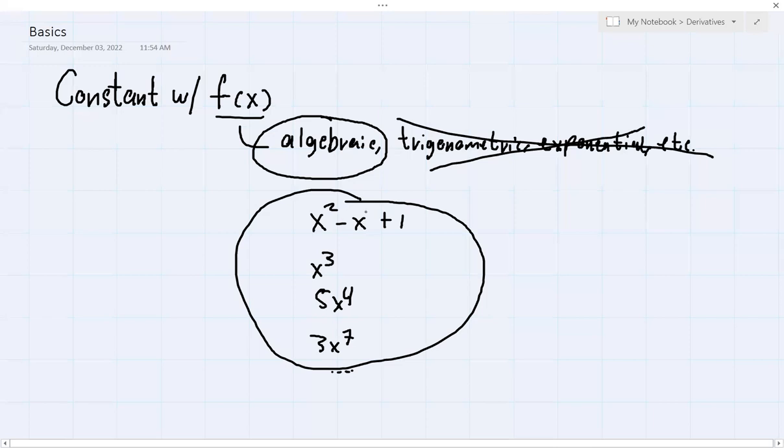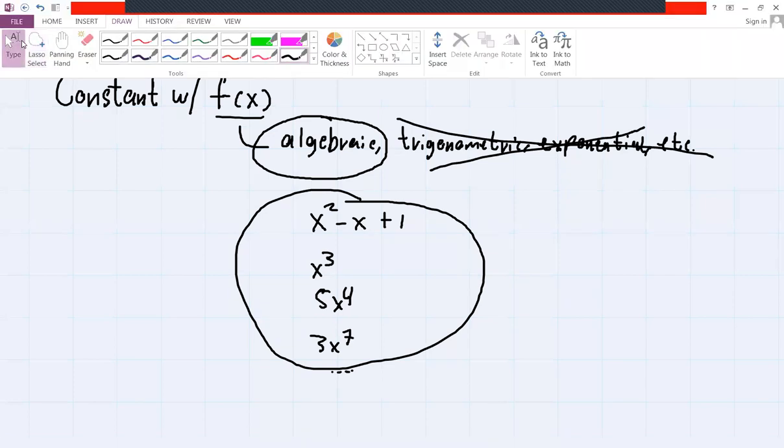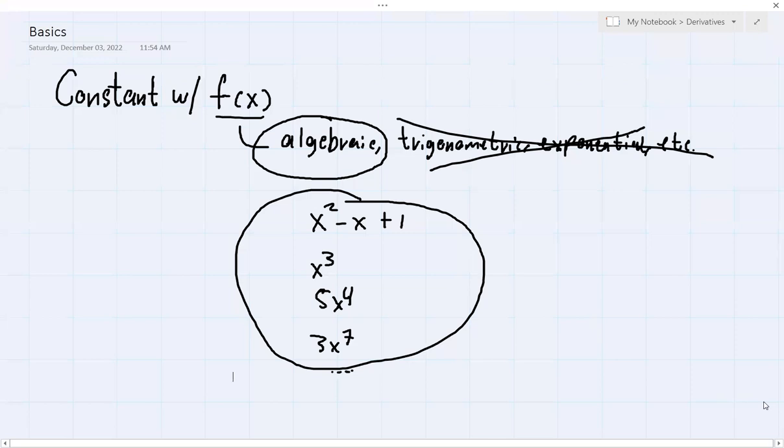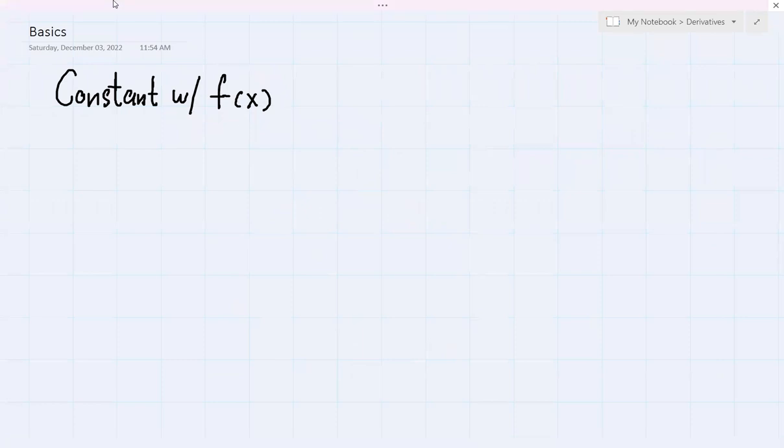Malalaman mo naman kapag algebraic function siya kapag puro constant at variables lang ginamit. Hindi trigonometry, hindi naka-exponent, and yada yada. So, we're going to focus at that part lang ha. So anyways, going back, constant with a function.